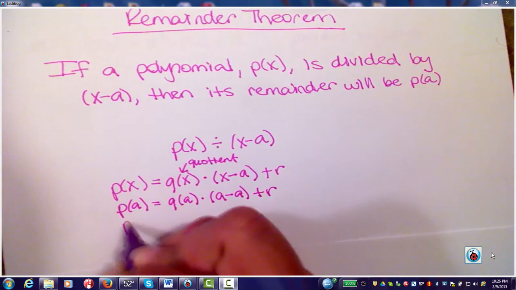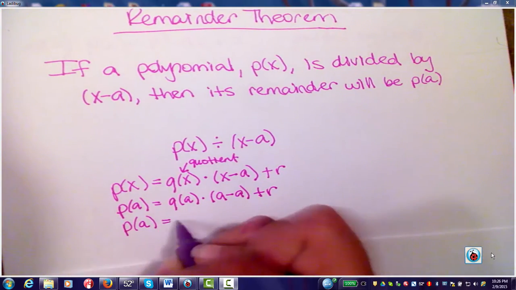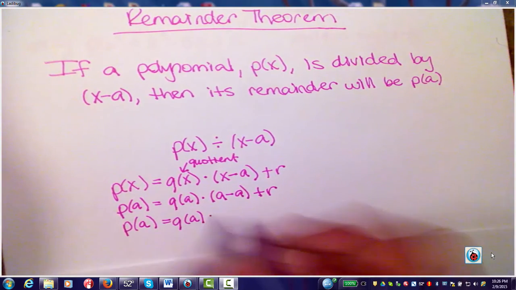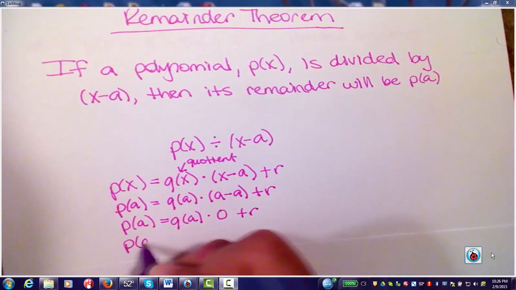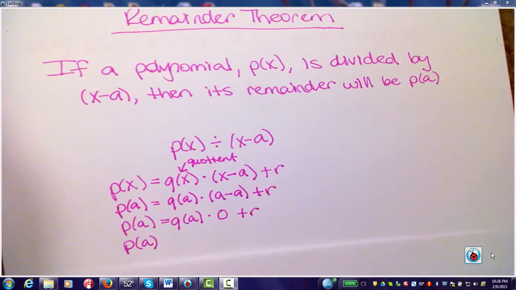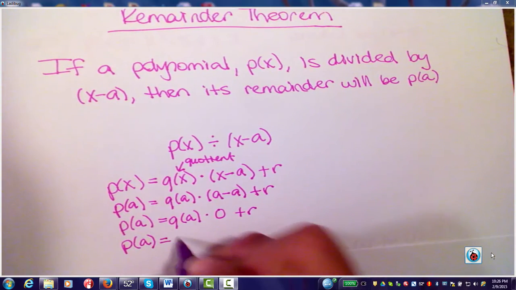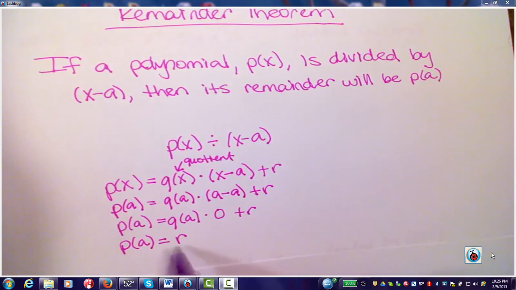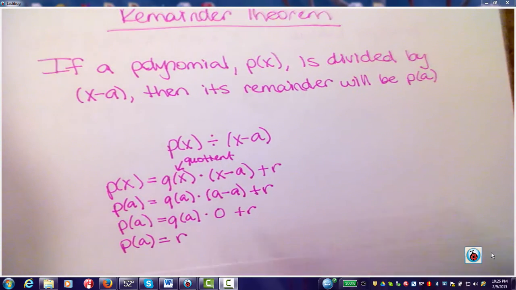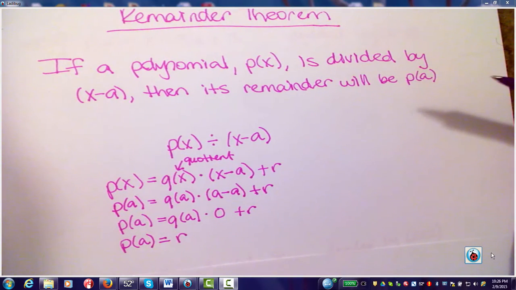We get p of a equals q of a times 0 plus r. q of a times 0 is 0, so we get just r. So this is basically saying that p of a equals r, which is our remainder, and that's what the remainder theorem tells us. So now we're going to try a couple of examples.